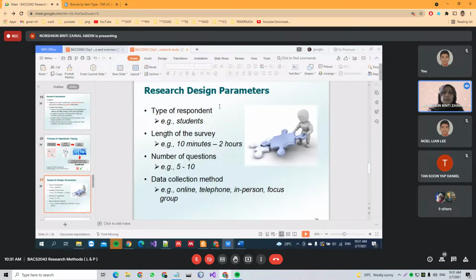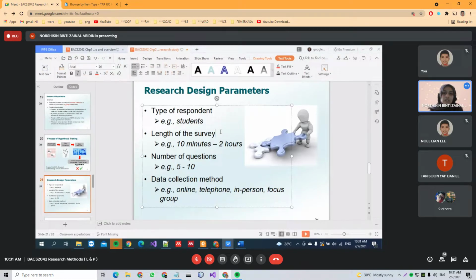And then research design parameters. Like I said, a parameter is something that is related to your research. For example, for Facebook usage, the type of respondent is the student. Student is the person or user that we intend to study. Length of survey is how long the student spends on Facebook.